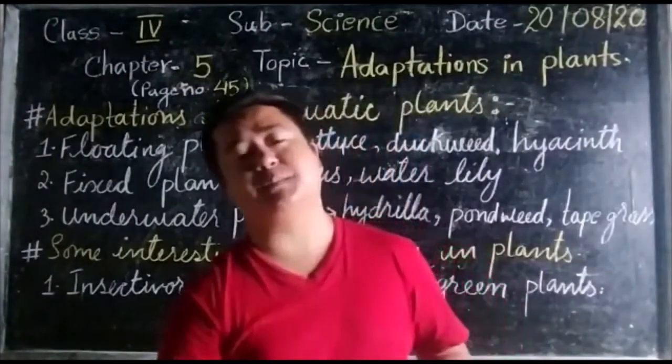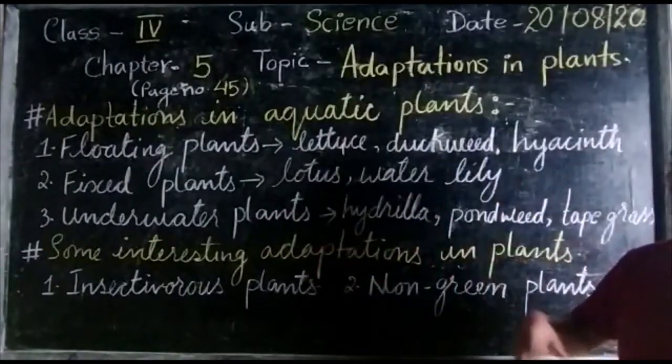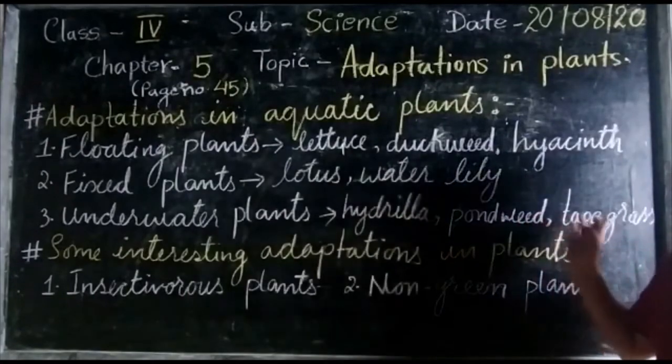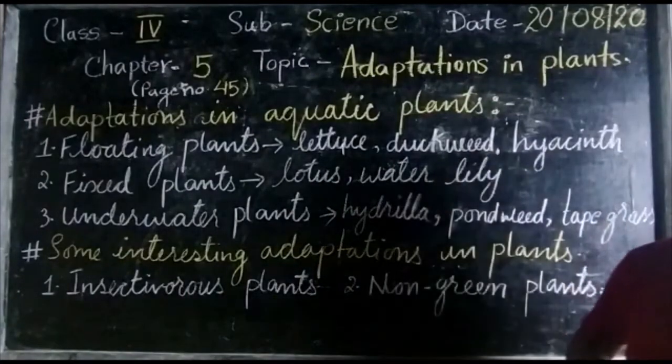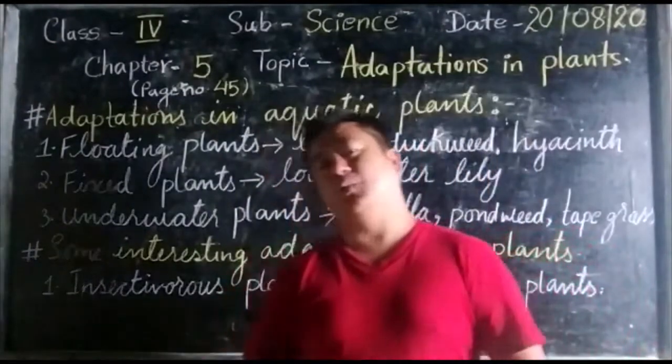Some examples of underwater plants are hydrilla, pondweed, and tape grass. These are the examples of plants that grow under water.